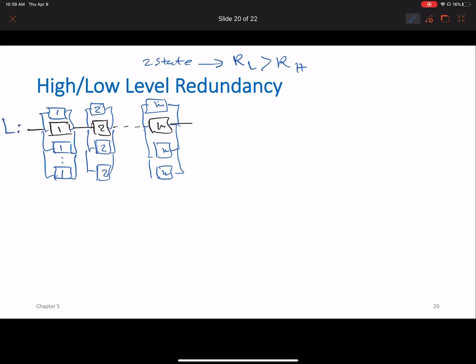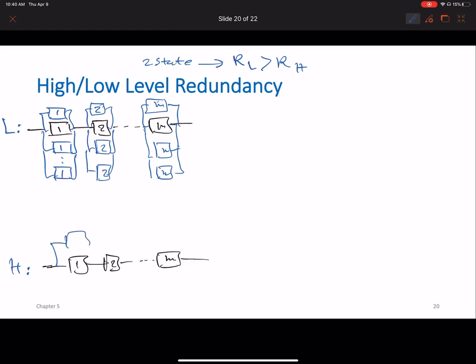A high-level redundancy: this was our original system, 1, 2, up to M, and we copy or duplicate the entire system, not individual components.